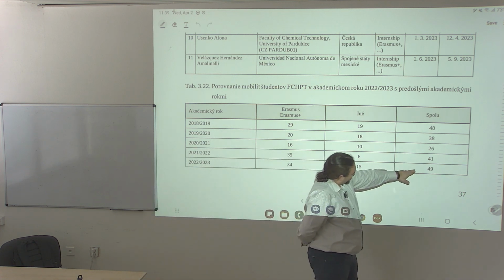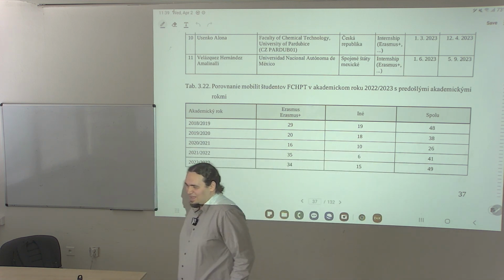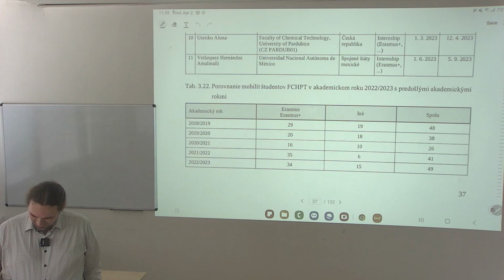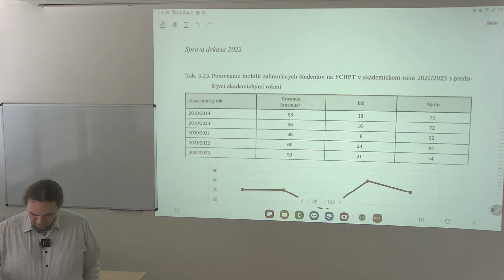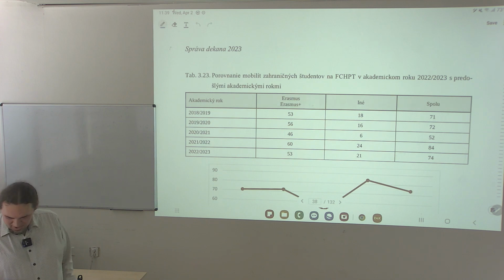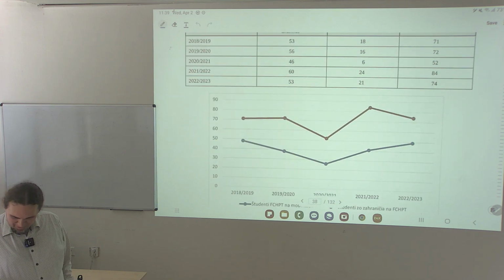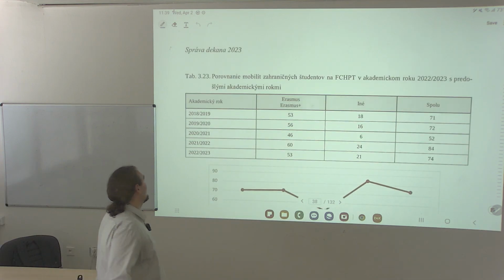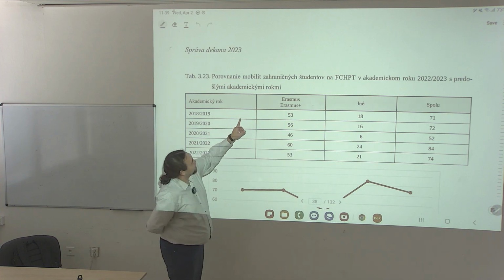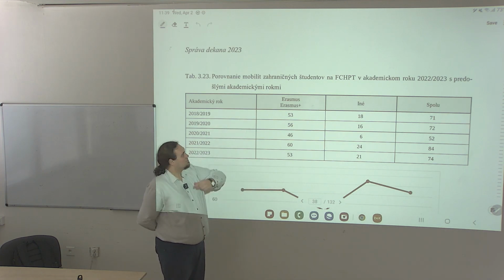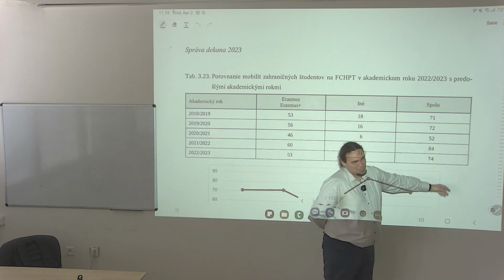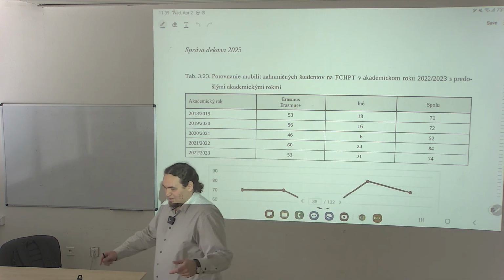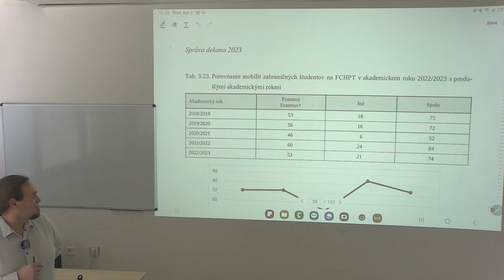So we have one data set, and I don't know why our wise deans somehow put this into one graph with the number of foreign students coming to our faculty. Here we have some numbers. I wanted to calculate the correlation coefficient.